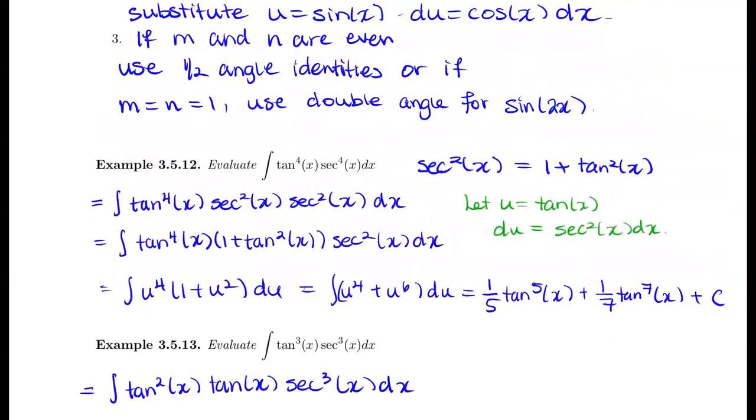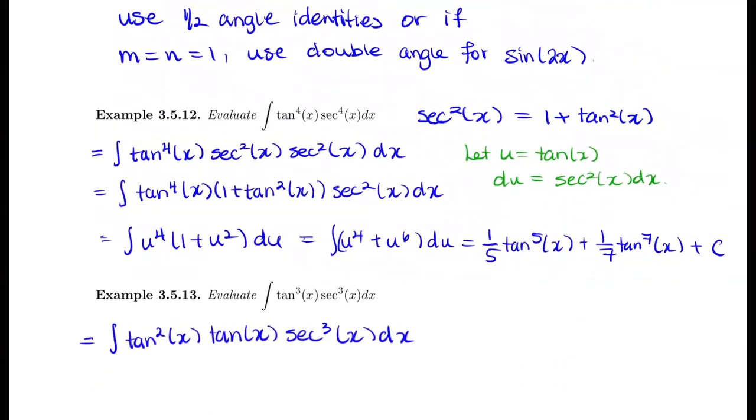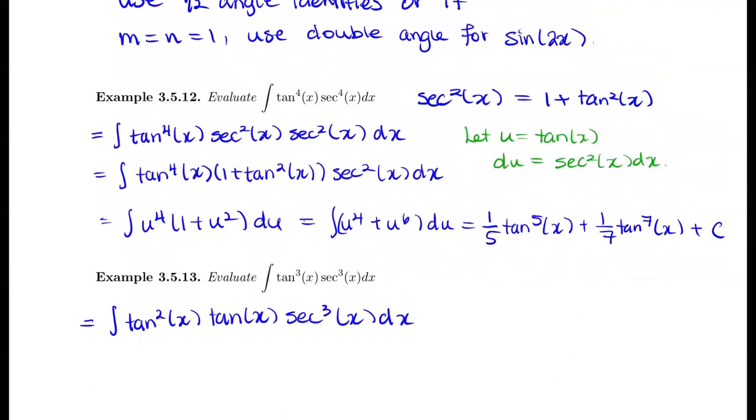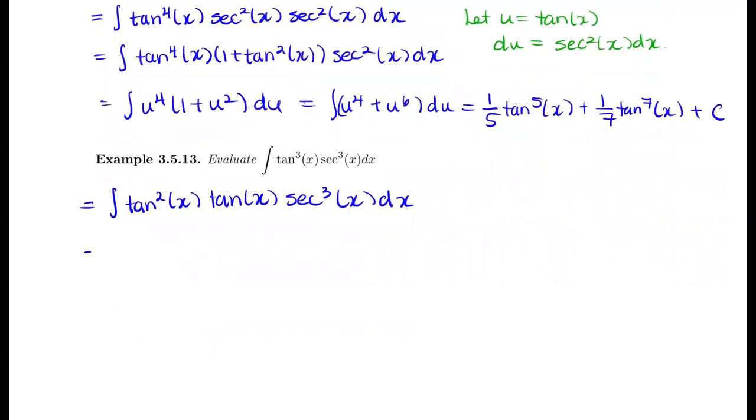Well, also noting that from this identity up here, tan squared of x is just going to be secant squared of x minus 1. So I'm going to write that down in place of the tan squared of x.